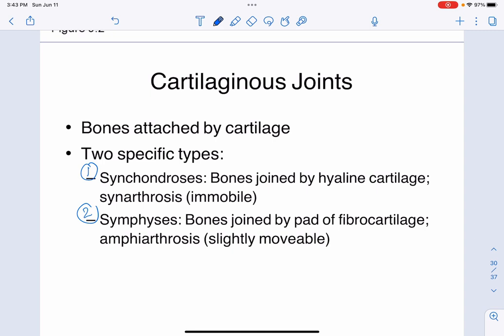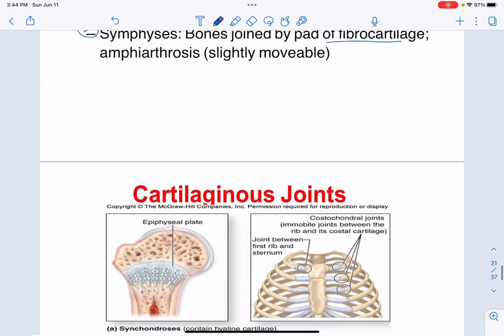That is when bones are joined by hyaline cartilage, and they are also synarthrotic. They are not able to move. And then the second type is symphysis. These are bones that are joined by a pad of fibrocartilage. Let me show you examples of both of those.